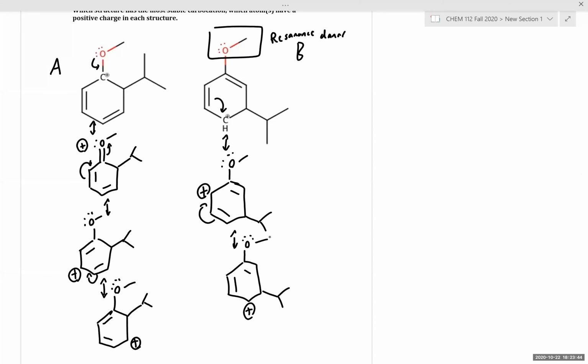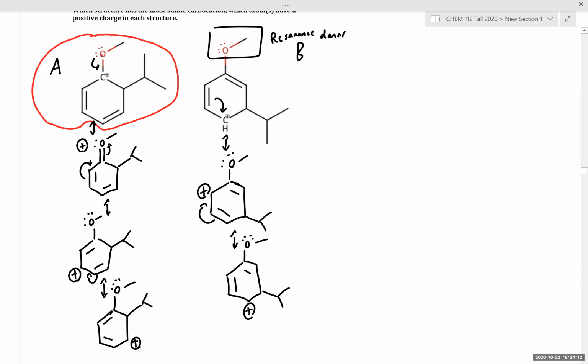So then my question to all of you is, in which structure is the ether able to donate electron density to our cation via resonance? In which case are we able to observe resonance donation? So we have the chat noting that in structure A, we have our carbocation directly adjacent to our resonance donor.